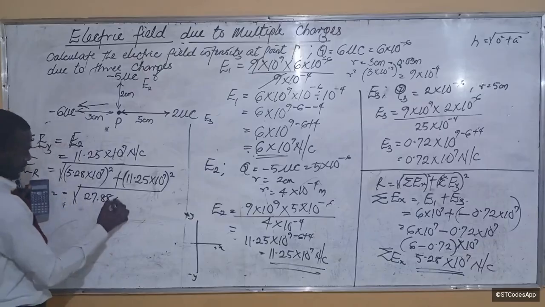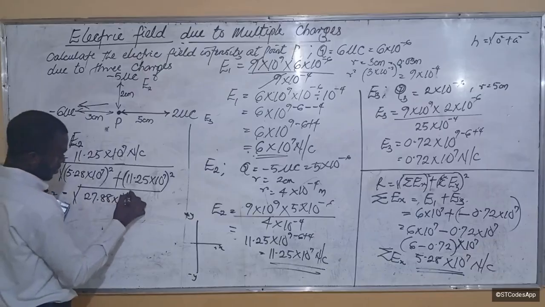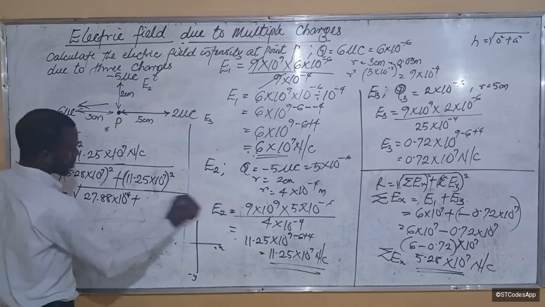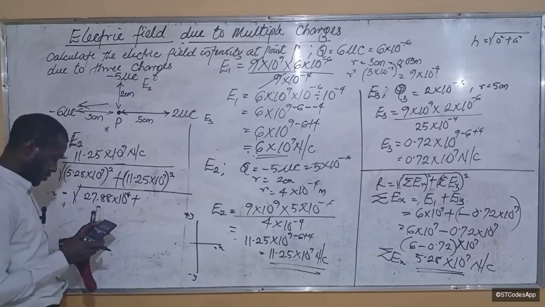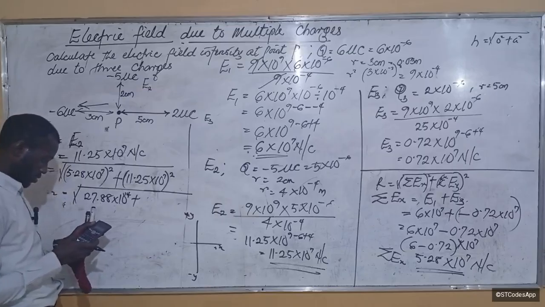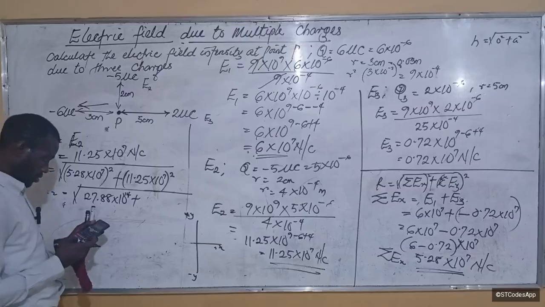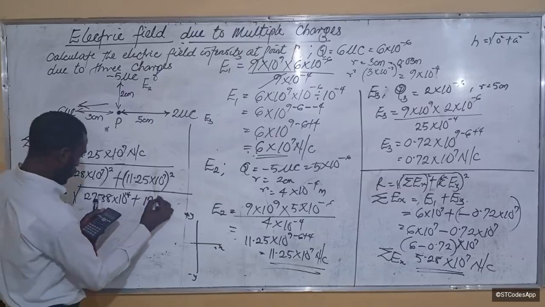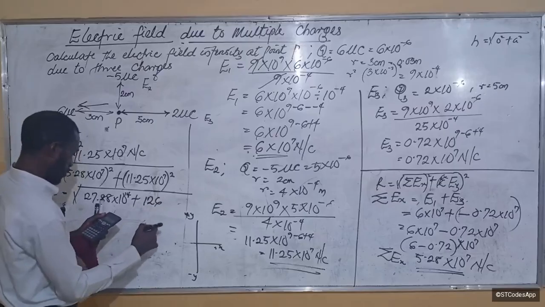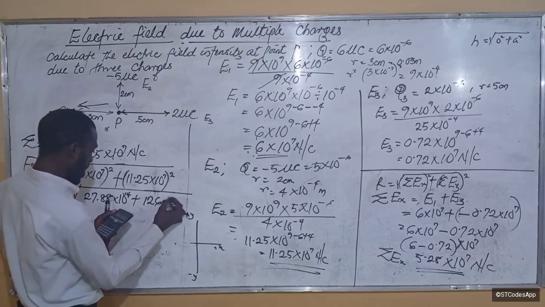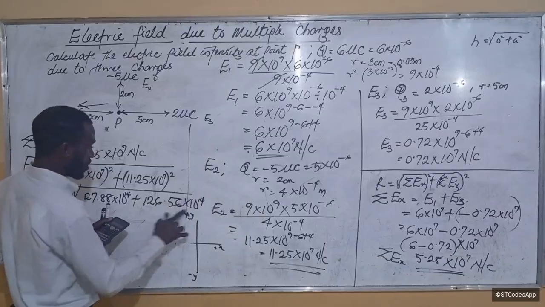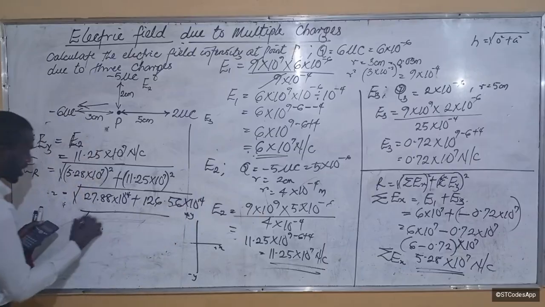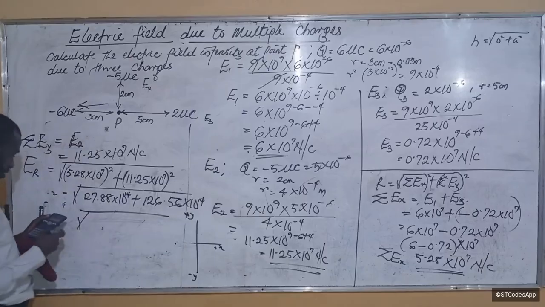So this times 10 raised to the power 14, plus 11.25 times 11.25, which is 126.56, still times 10 to the power 14. So times 10 to the power 14 is common.